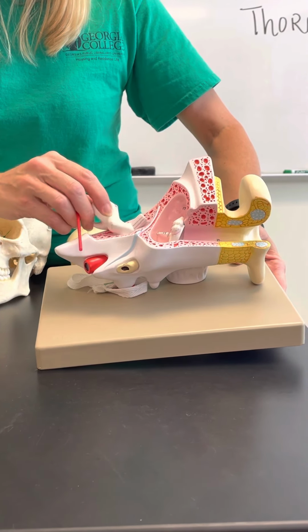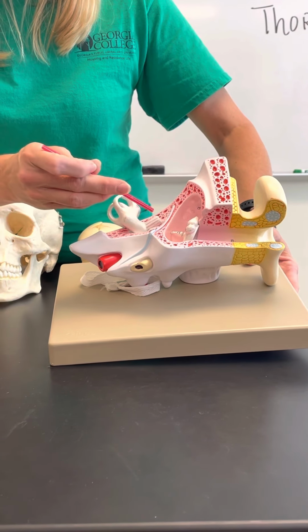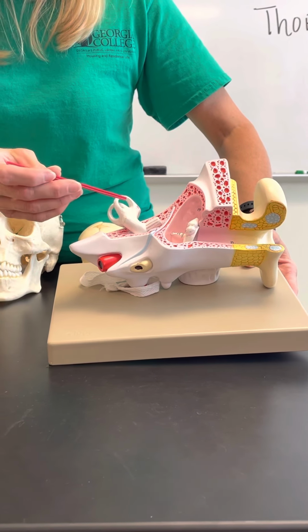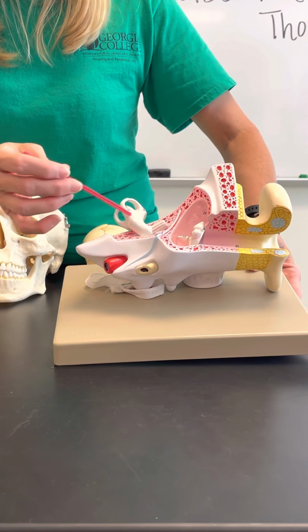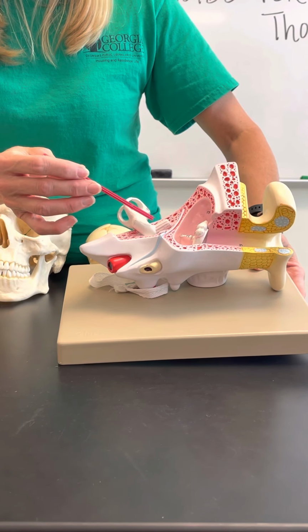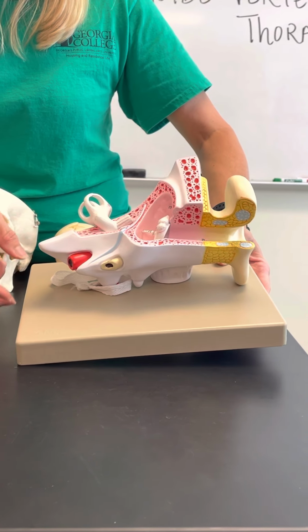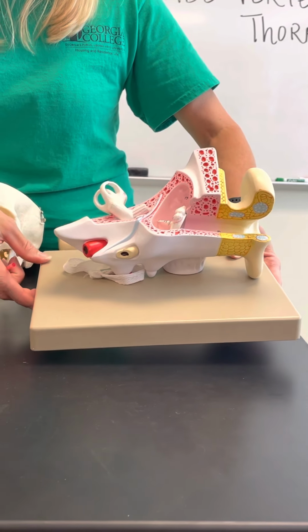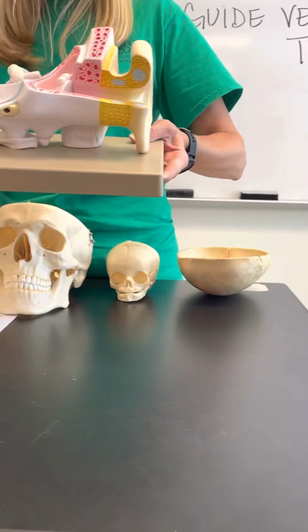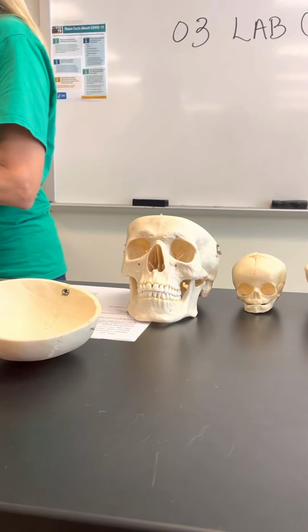And then this is the cochlea and the vestibular structure. This is the inner ear. So this is where all the neurons converge to form a nerve, and this is going to take information to the brain about hearing and equilibrium.